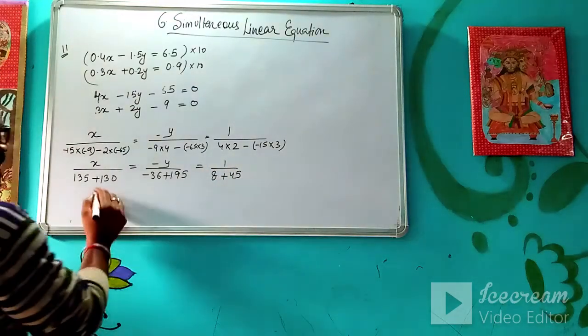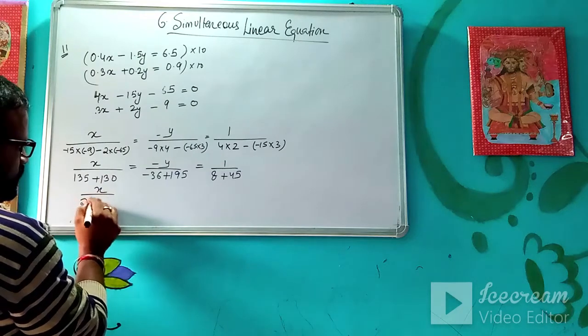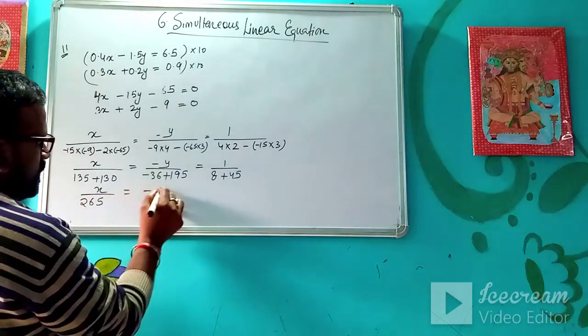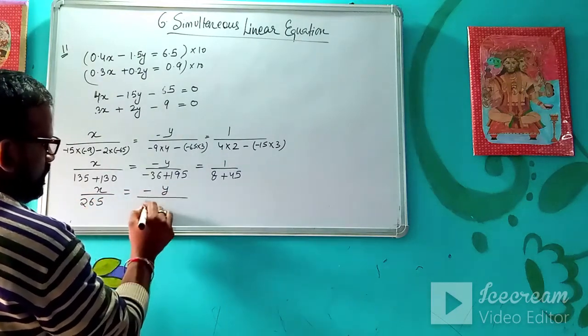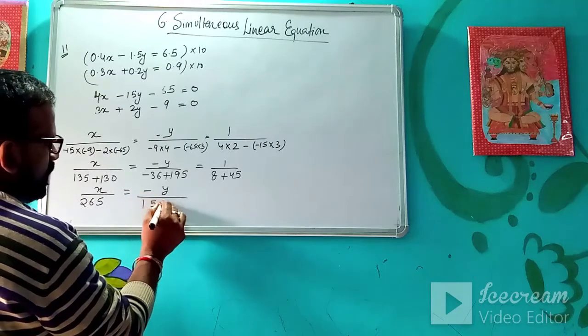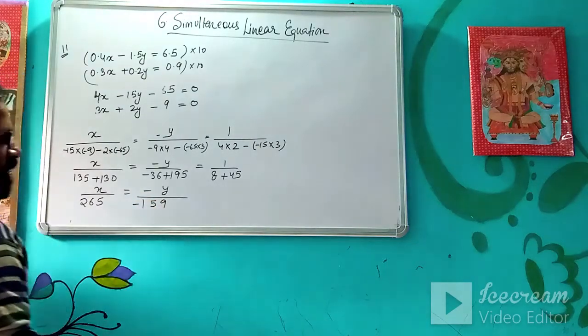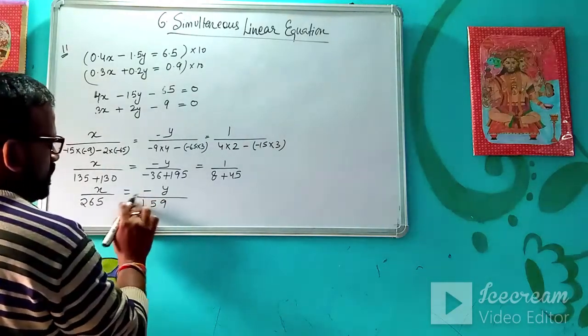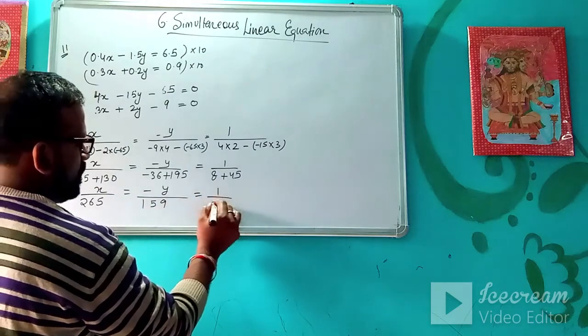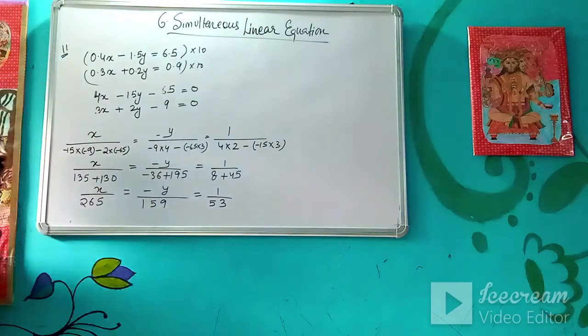Okay, so this is x upon 265 minus y upon 159, that too minus, not plus, and 1 upon 53.